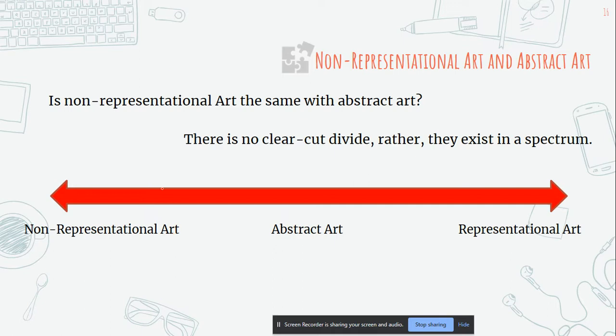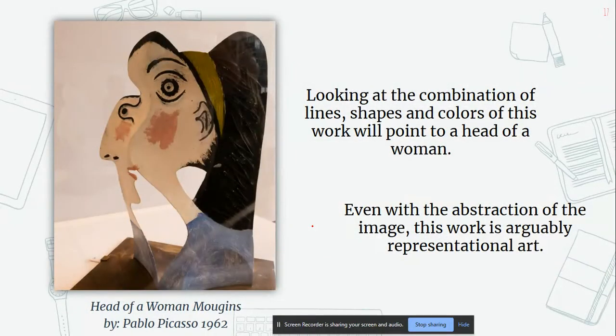Okay, let's consider this one. Looking at the combination of lines, shapes, and colors of this work will point to a head of a woman. You could tell by the combinations of lines, shapes, and colors that this is the head of a woman. So I could say that it's a distortion of an image of a head of a woman.